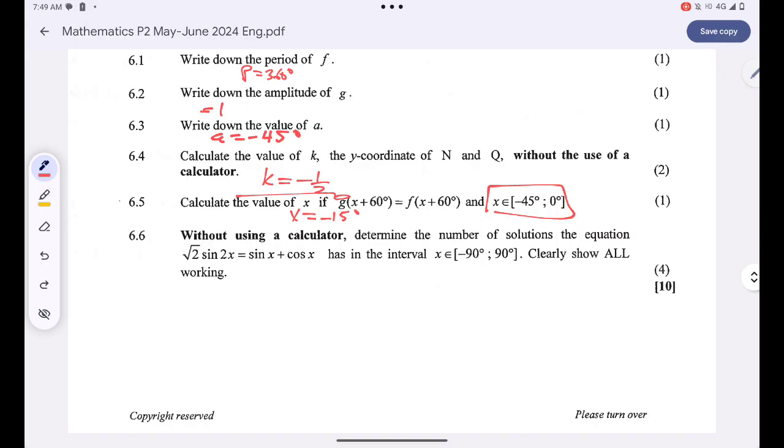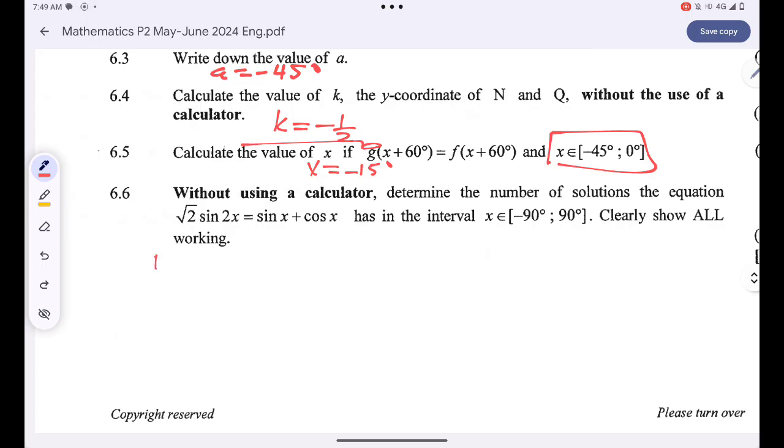And then we are told that without using a calculator, determine the number of solutions the equation root 2 multiplied by sine x all over sine x plus cos x has in the interval of negative 90 and positive 90. Clearly show all the workings. Since I'm not supposed to use a calculator, that means I'm not supposed to determine the general solution.